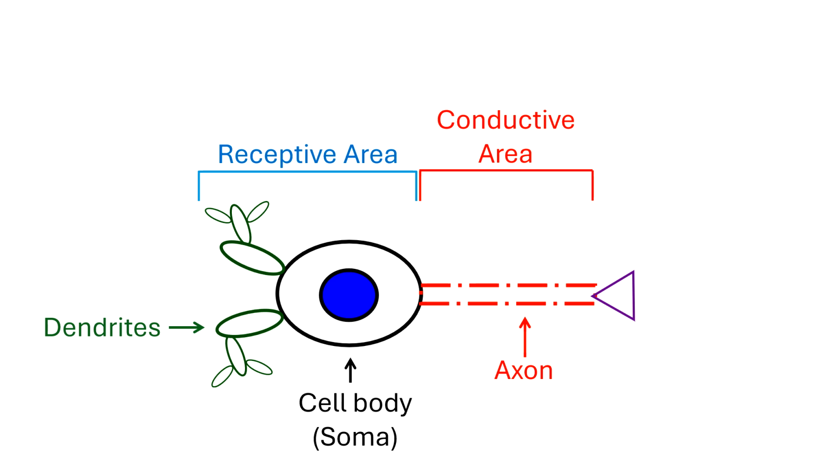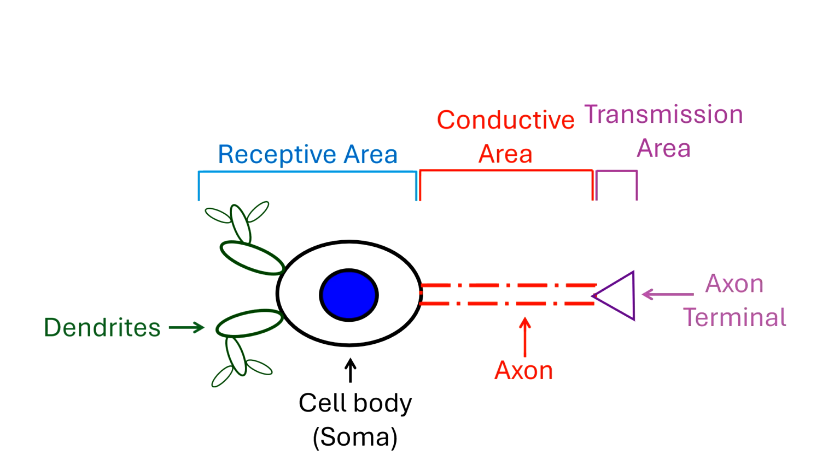And as we see later in the video, its whole purpose is to take electrical signals from the receptive area down to the very tips at the other end. And those tips at the other end is the transmission area. And it's composed of the axon terminal, or realistically, terminals, because there's a lot of them.